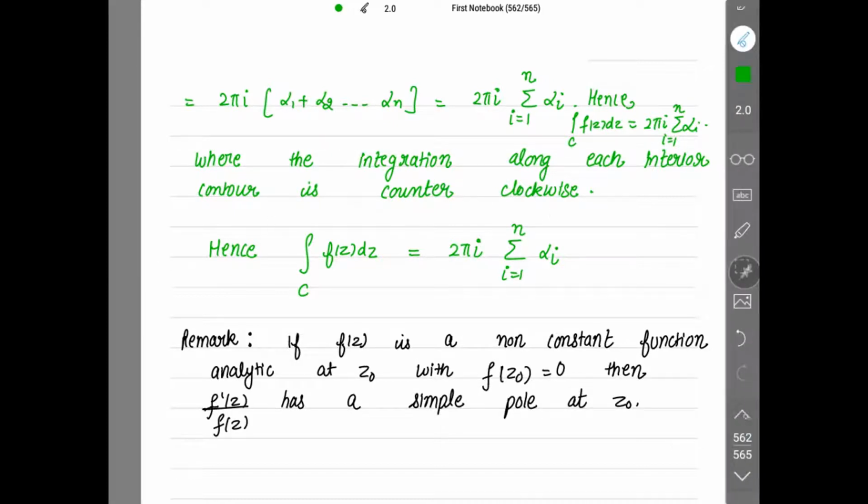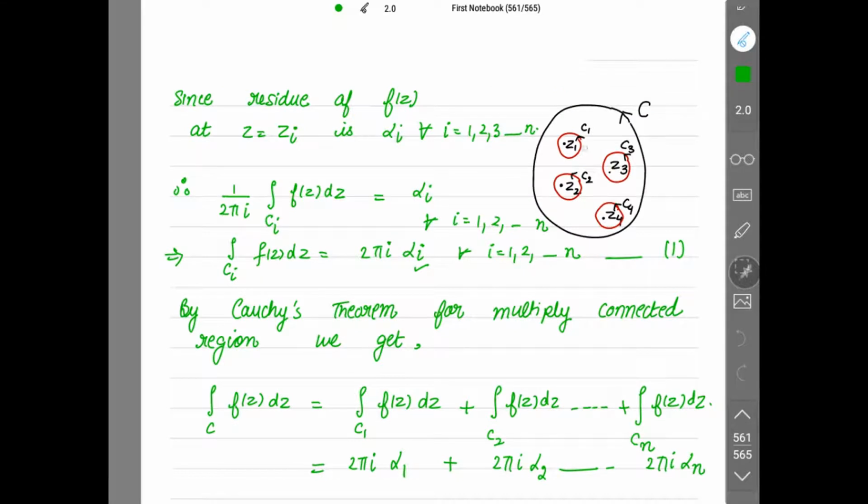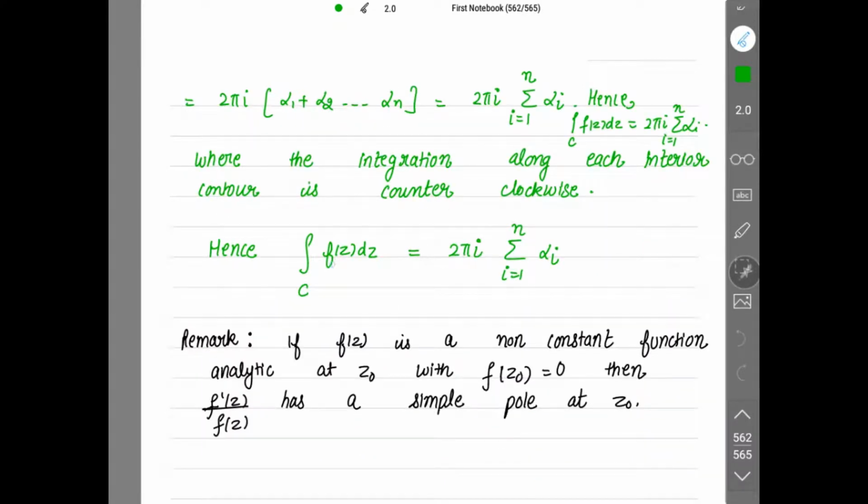You can see the direction for each contour is counterclockwise, right? Hence, this integration of f(z) dz is equal to 2 pi i summation i going from 1 to n of alpha i. This is what Cauchy residue theorem is. The result. You have to learn this result.